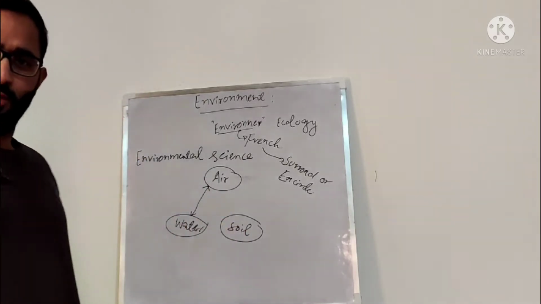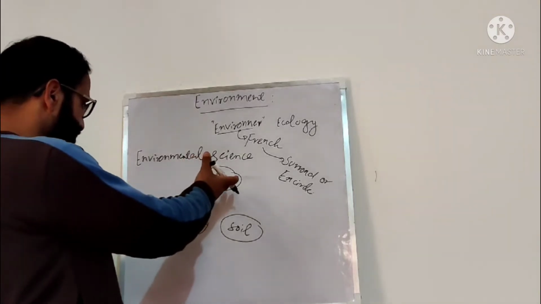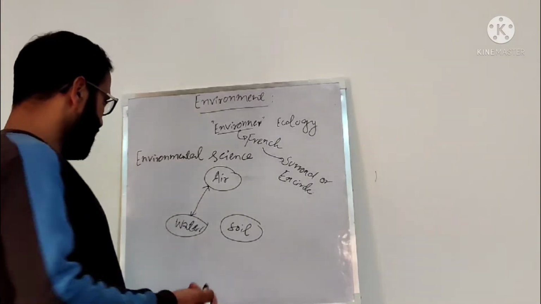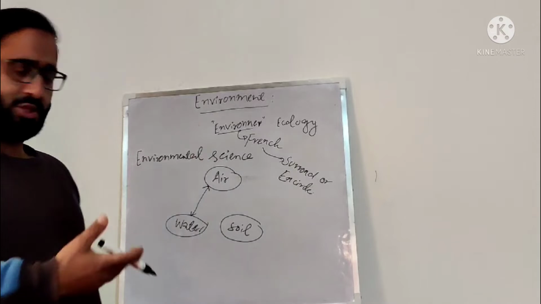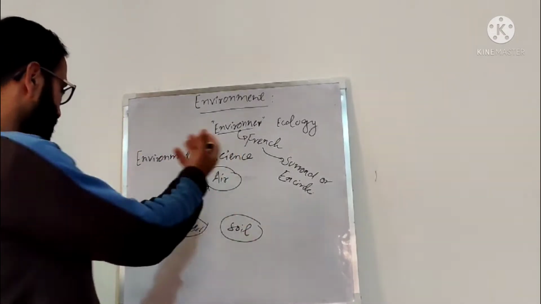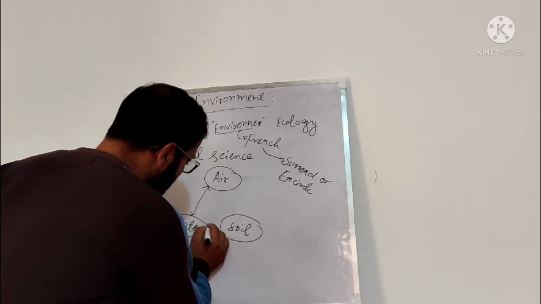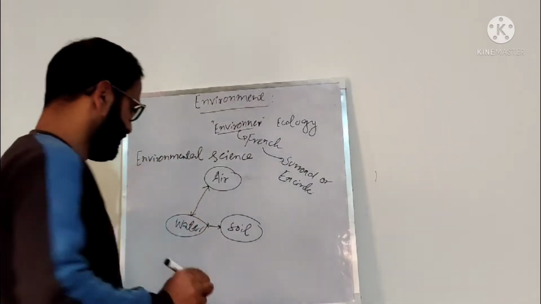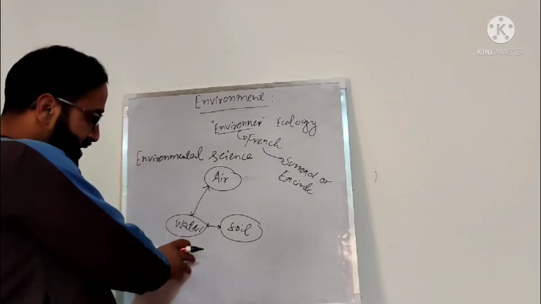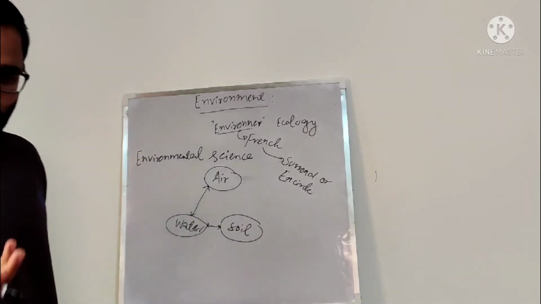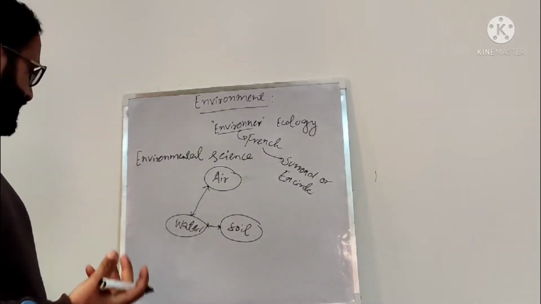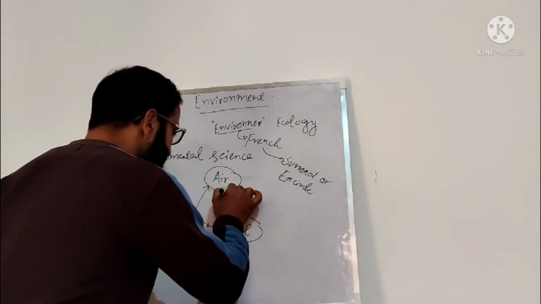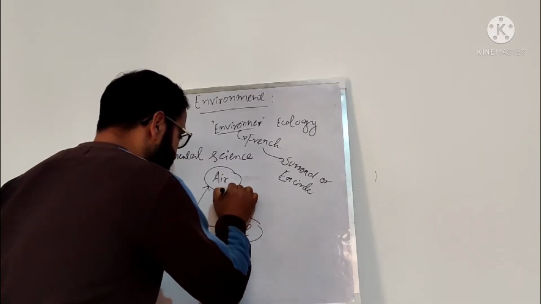These interactions are from both sides. Sometimes we see the gas oxygen being added to water, or some precipitation or pollutants from air move to this water body, and there are also interactions between water and soil. Water is added to the soil, or some nutrients present in the soil are taken away by this water.